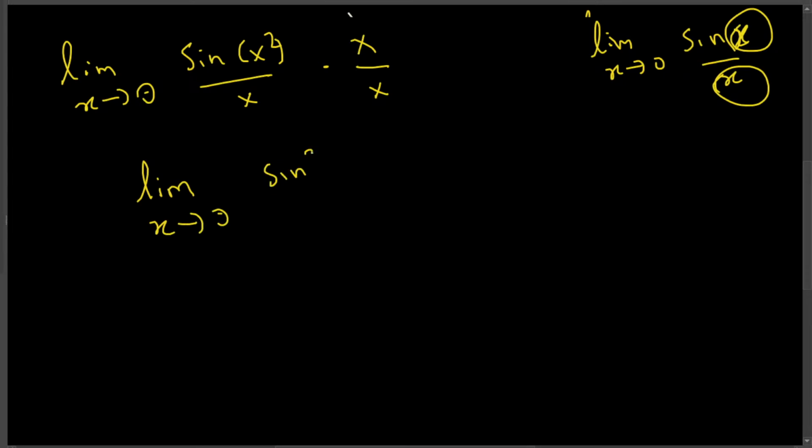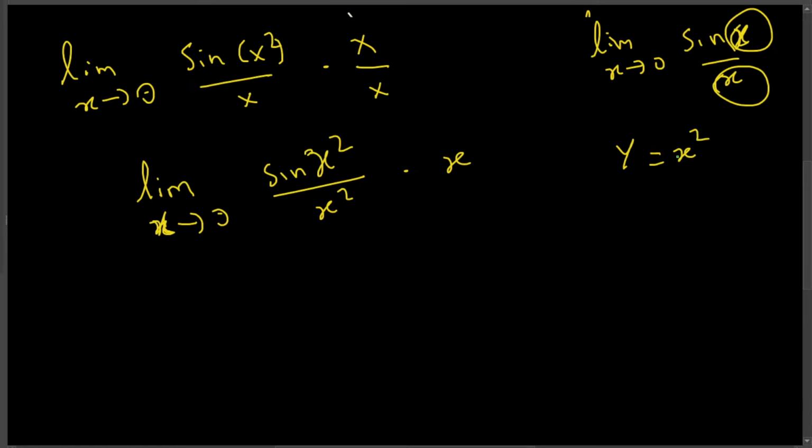If I do that, I can rewrite this as limit x approaches 0, sine x square divided by, I multiply this x and x, that's going to be x square, and we have an x multiplied here. So now you can see we can write the whole thing as 0, but the only difference is here we have x approaches 0. To make that one also x square, I make it y, let's say y is equal to x square.